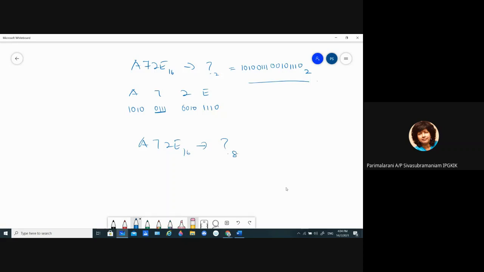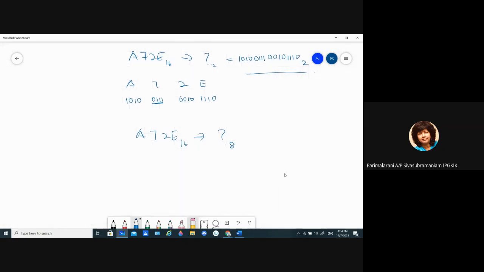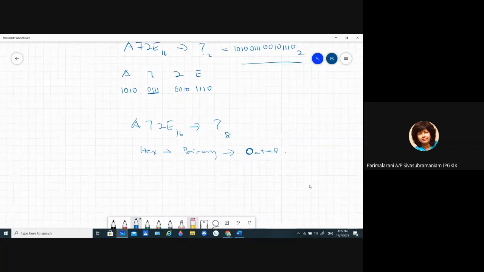How do we do that using shorthand? So there's 2 steps, isn't it? From a hexadecimal number, we have to change to binary, and from binary, we change to octal. We can use all shorthand, okay?